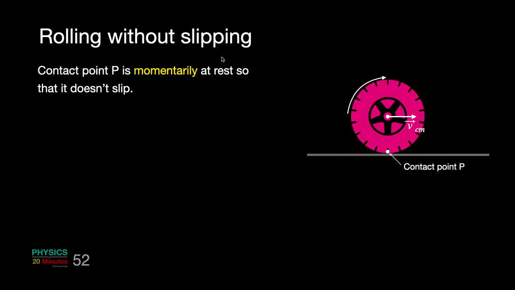So if I'm taking a class of rotation which is rolling without slipping, then the point P should not slip. That means the speed of the point P has to be the same as the speed of the ground surface. Now if the ground surface is at rest, that means this also should be momentarily at rest.